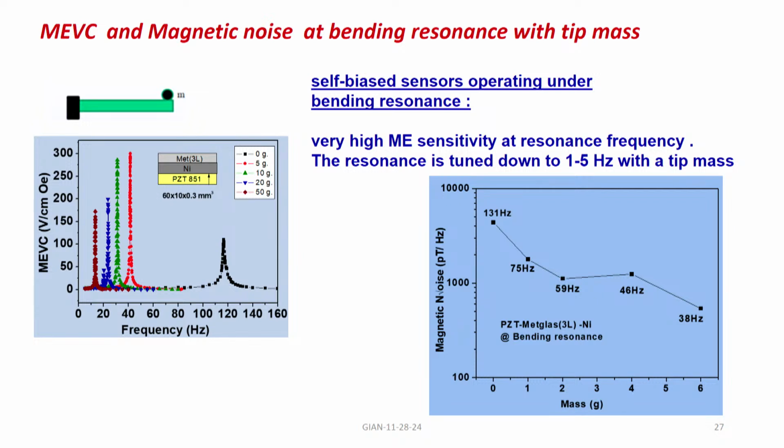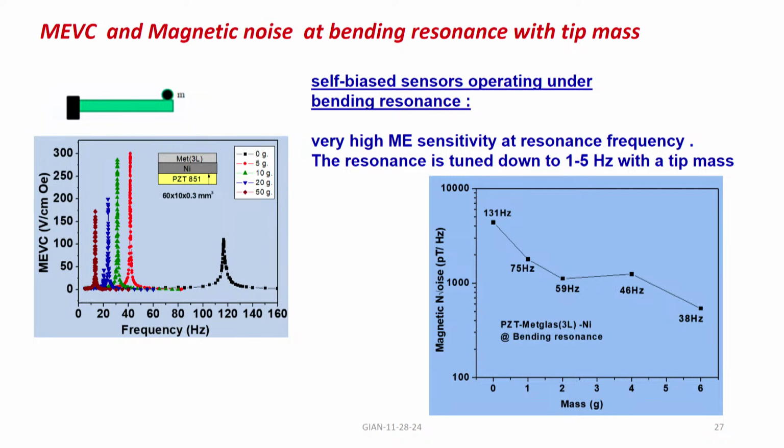Then we also tried loading the bilayer with a tip mass. By loading it with an external mass, you can decrease the resonance frequency for bending all the way from 120 hertz to close to 5 hertz by using different tip masses, and that also helped to decrease the overall magnetic noise.